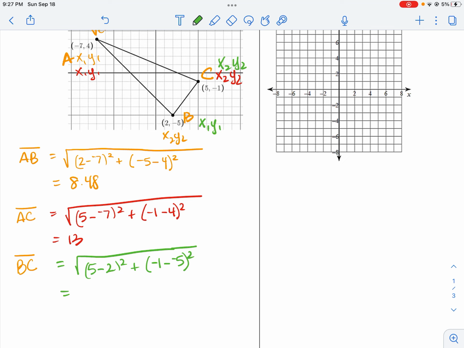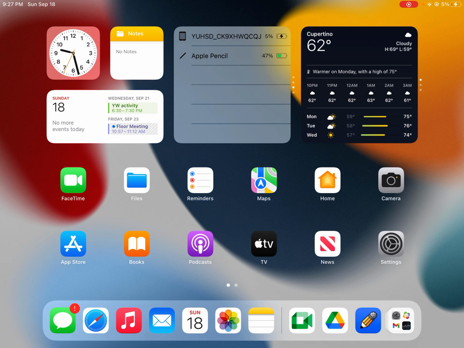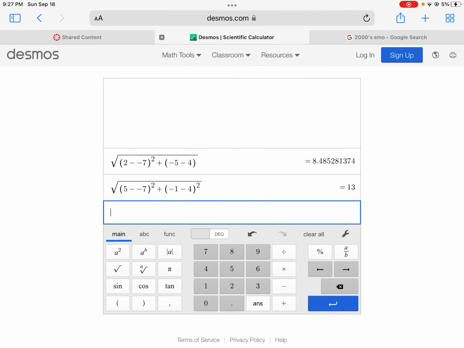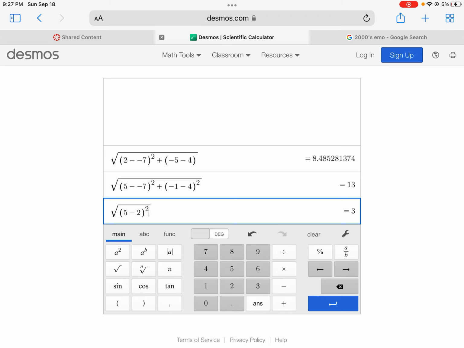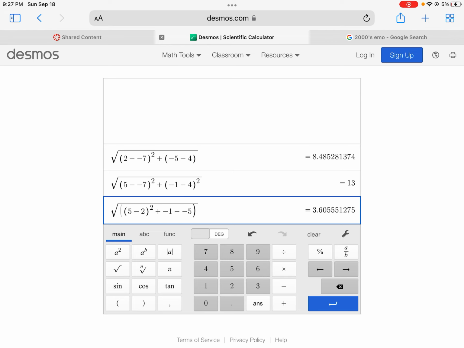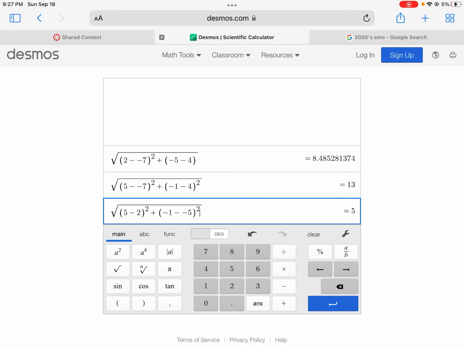So it's 5 minus 2 squared and negative 1 minus negative 5, plus negative 1 minus negative 5 squared, and we get 5.